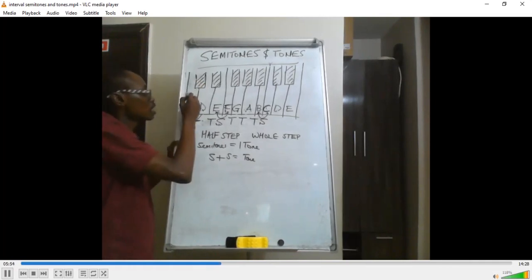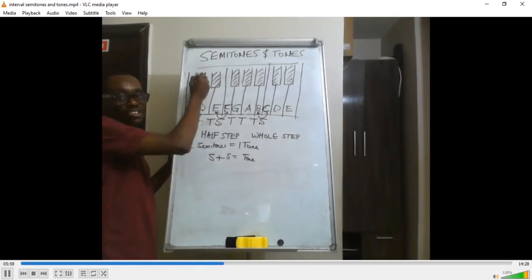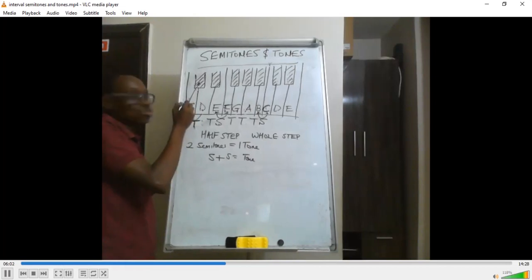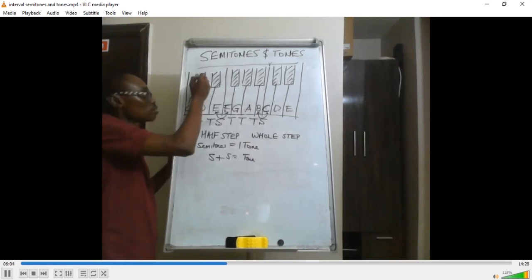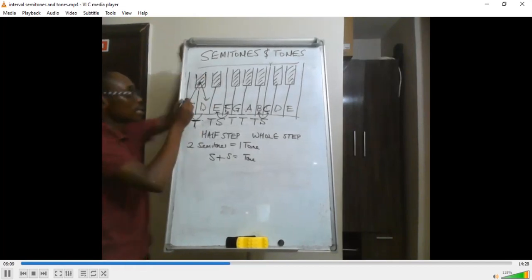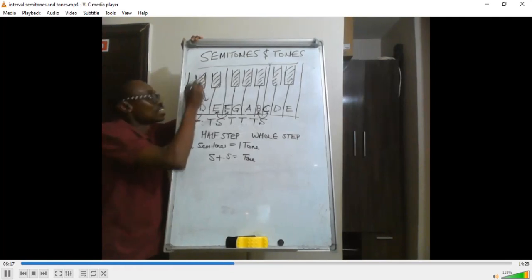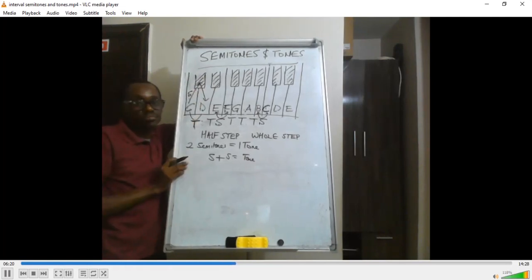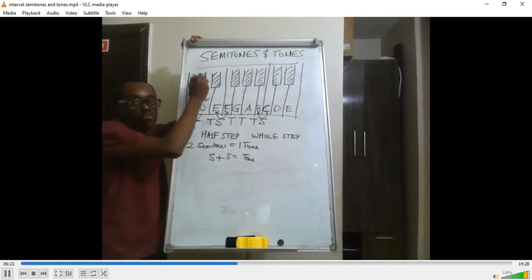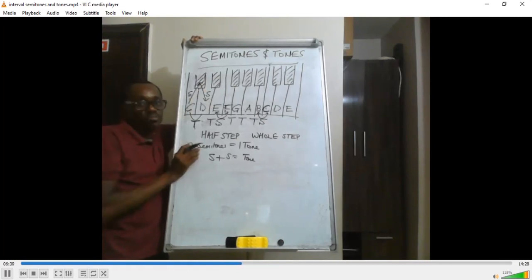Let's assume you are jumping: you jump from C to this black key, and then from the black key to the white key D. The distance from the white key C to this black key is a semitone, and the distance from this black key to the white key D is a semitone as well.